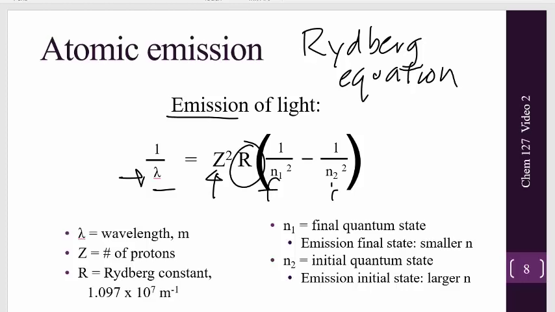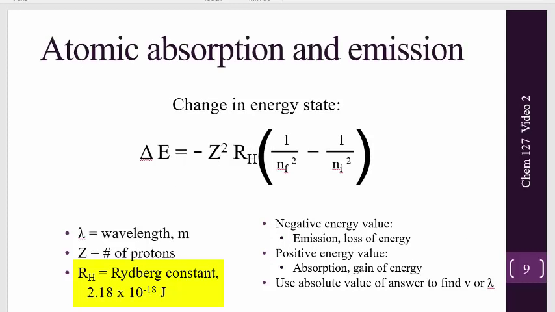So we can also rearrange this equation a little bit to discover what is going on with either absorption or emission of light. So this is another version of the Rydberg equation that's just been rearranged. So it is measuring the different level of energy that has occurred in the hydrogen atom. And here we have also the number of protons.